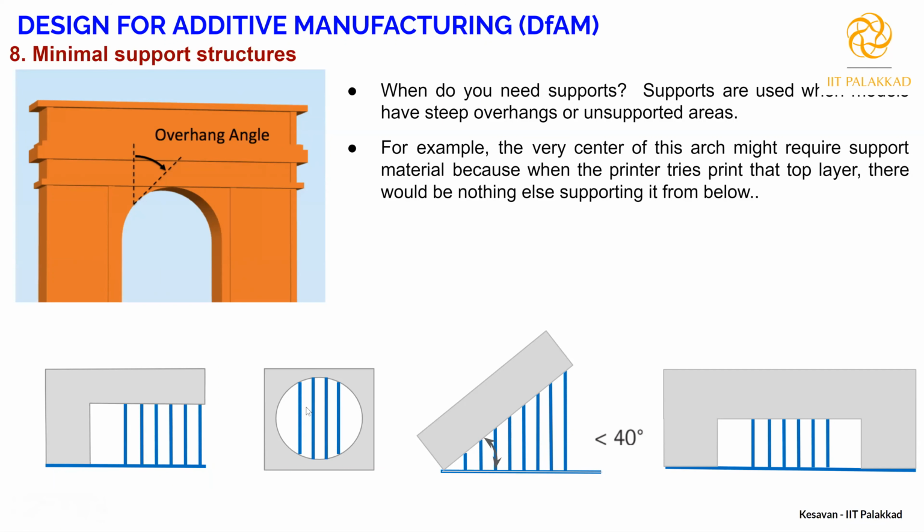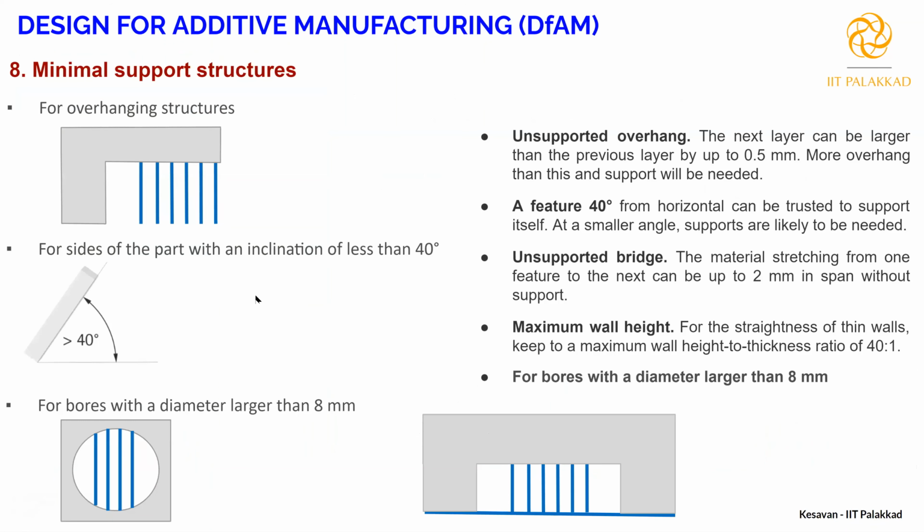Similarly, for the diameter, if the diameter is about 8 mm, you need to give support for the overhang, right? There are some conditions that require supporting structures. Otherwise, if you take care of all these things in your design, you don't have to give those supporting structures. Here the objective is to minimize the support structure in your component.